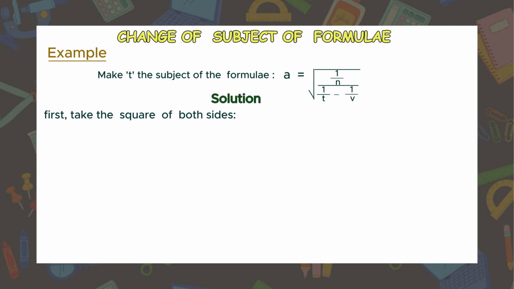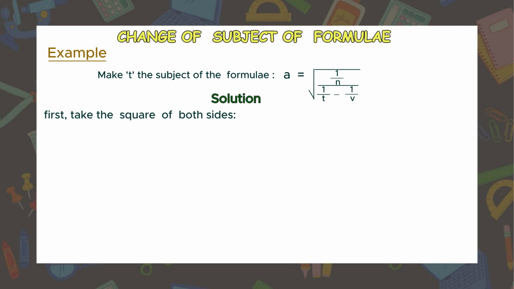By taking the square of both sides. Take the square of both sides. We want to clear that square root.